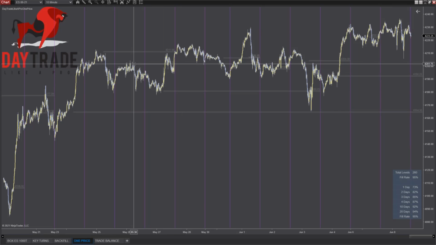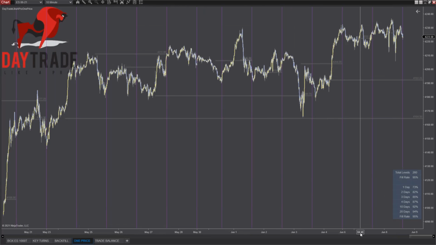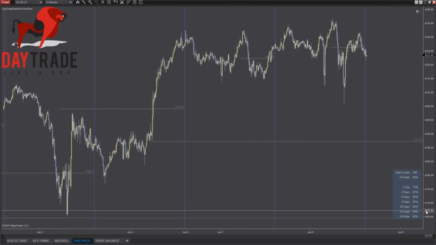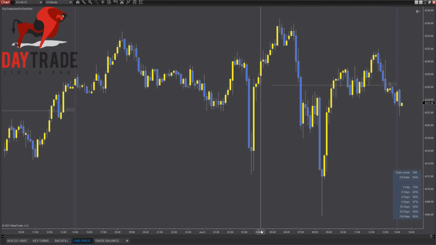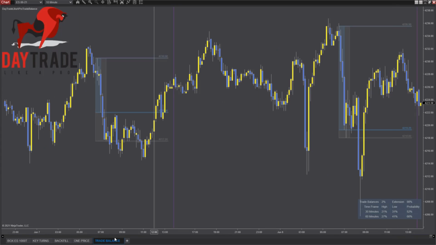It traded around here, kept coming back, kept coming back, traded around here. So it really is just kind of like a magnet for the market. You can see that because over the course of a year, in 20 days, it has a 94% fill rate. So there you have that.